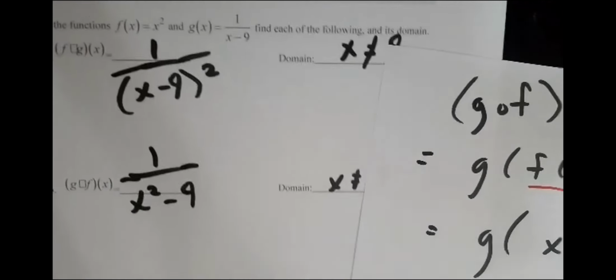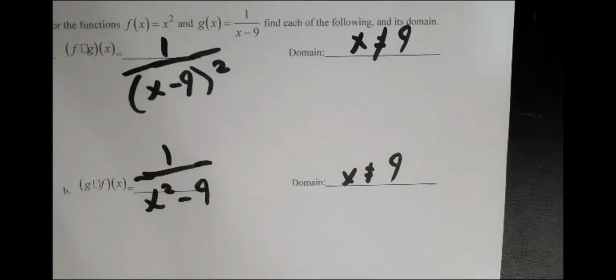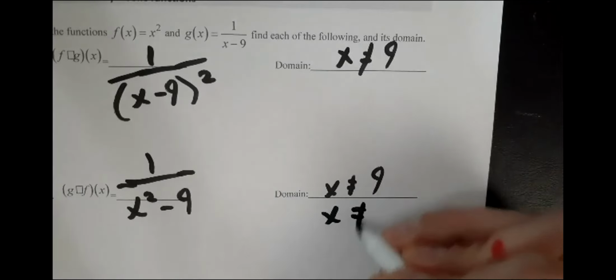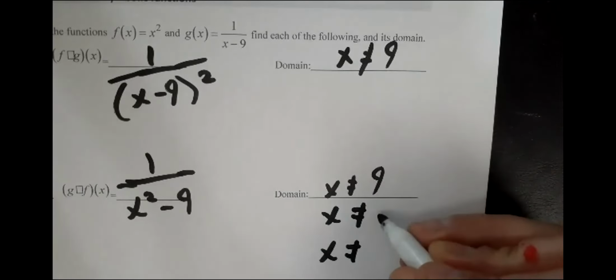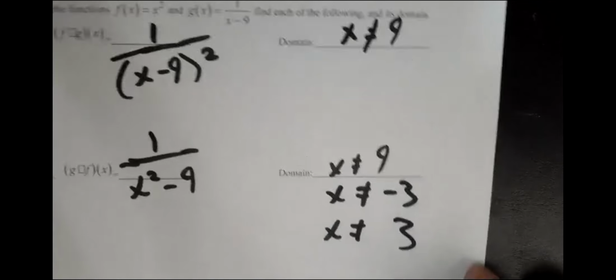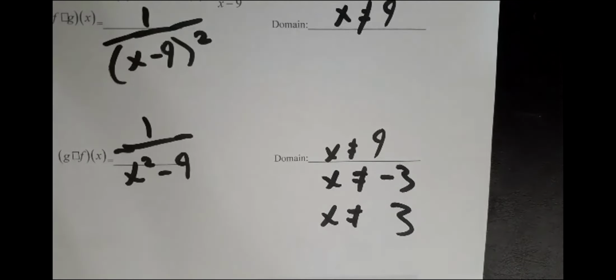And so we want to look at our domain. Our domain cannot be 9. That's one of them. But if we're doing x squared minus 9, this is really an x plus 3 and an x minus 3. I really have two more restrictions here. The x cannot be minus 3 or positive 3.